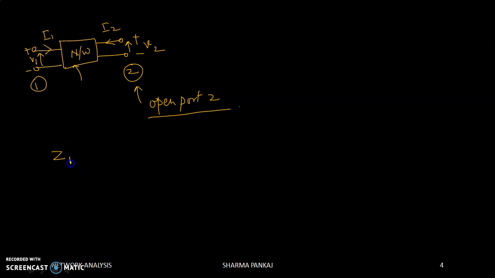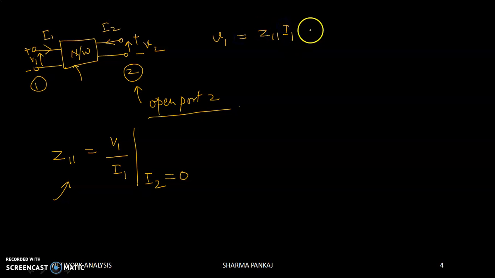So Z11 will be equal to V1 by I1. When we have opened port number 2, it means the current I2 will be 0. Just see equation number 1: V1 is equal to Z11 I1 plus Z12 I2.